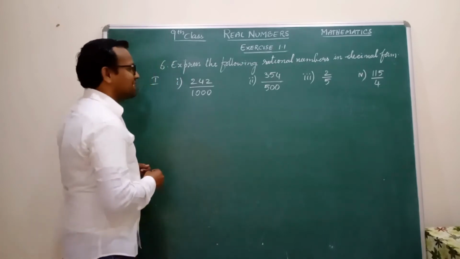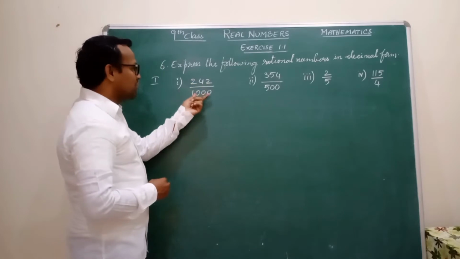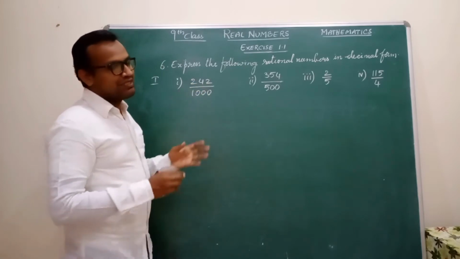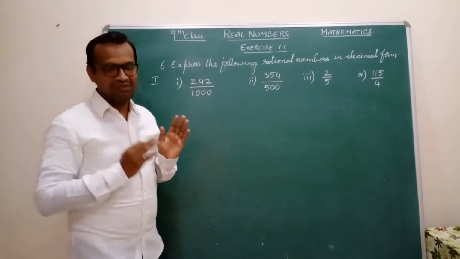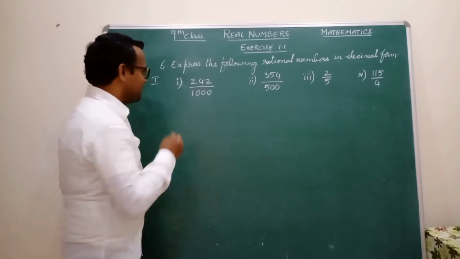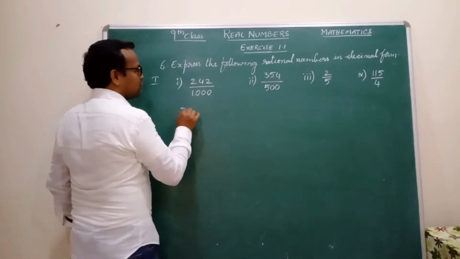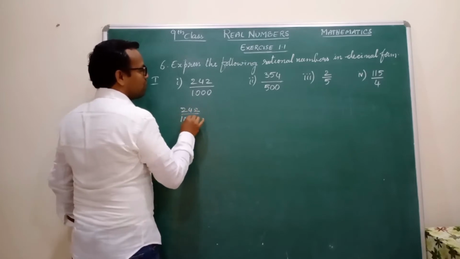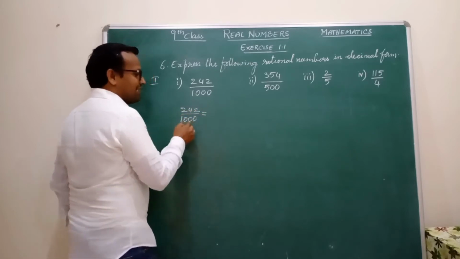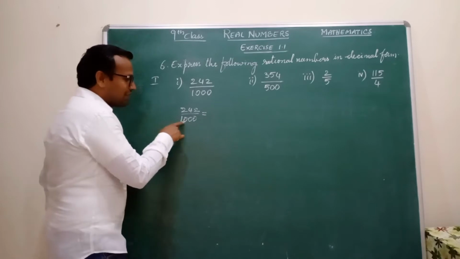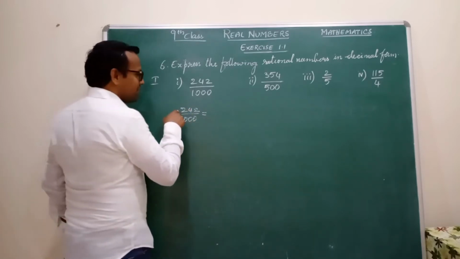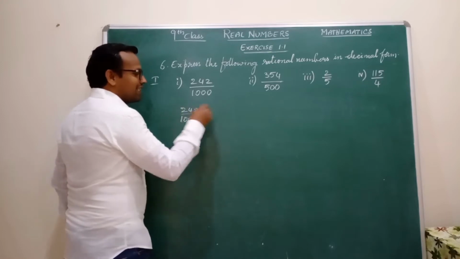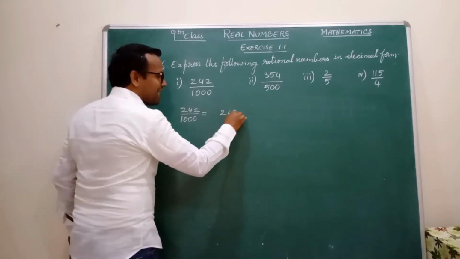Now, let's see the first one is 242 by 1000. Children, here it's pretty easy. Without division, convert this into a decimal. 242 by 1000 is nothing but, since in the denominator 1000 is there, a multiple of 10, let me write the numerator as it is.